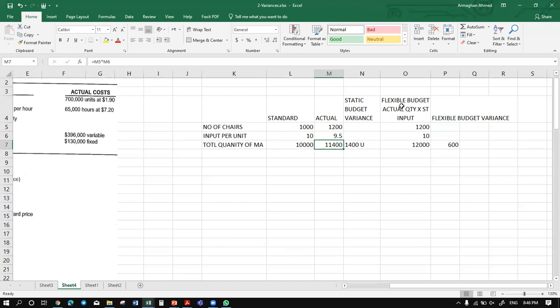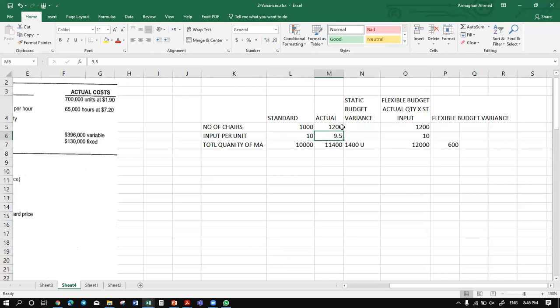For that, we will prepare the flexible budget. In the flexible budget, we see the actual quantity, whatever we produce, multiplied by the standard input required. The standard input was 10 per chair raw material, and actual was 9.4.